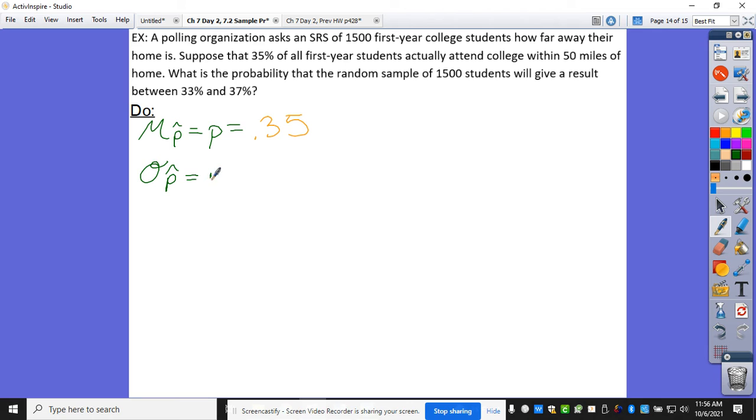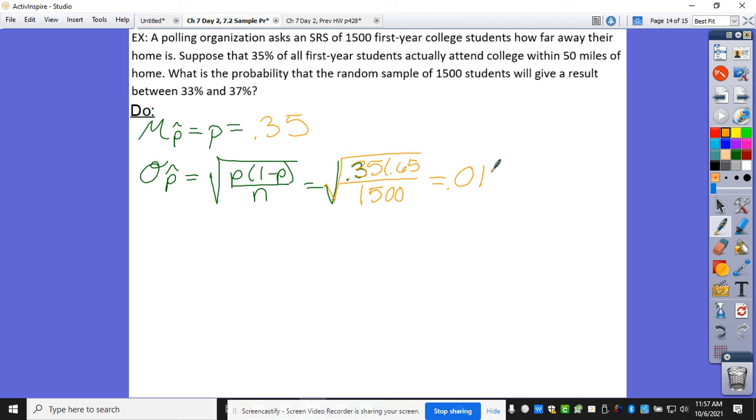Sigma of p hat, a little bit quicker, is the square root of p times 1 minus p over n, that's 0.35, that's 0.65, divided by 1500, which gives me 0.0123.